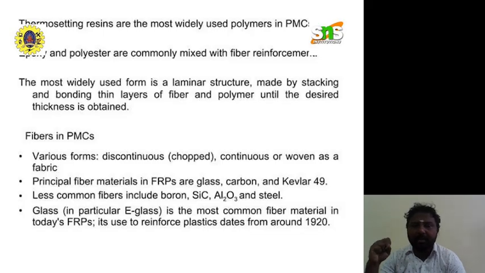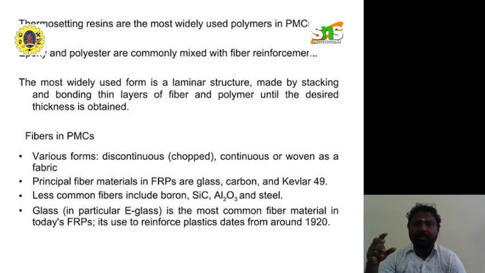Right? The fiber in PMC comes in various forms. The various forms means discontinuous or continuous, or woven as a fabric, and the principal fiber in the matrix of your FRPs is glass, carbon, and Kevlar 49.